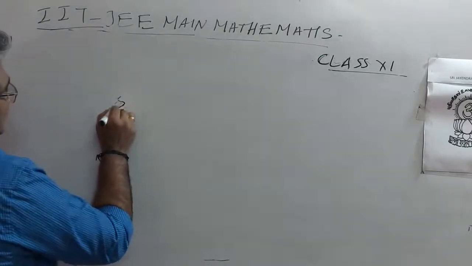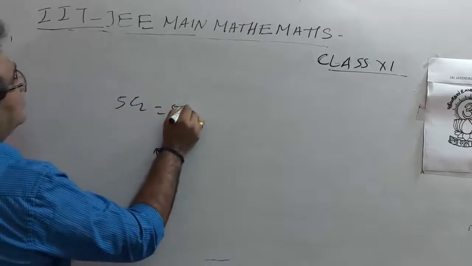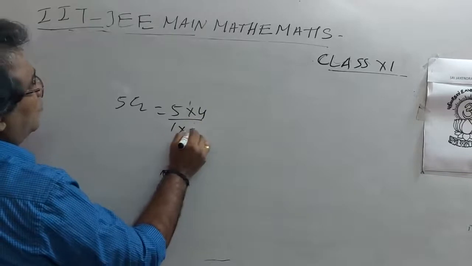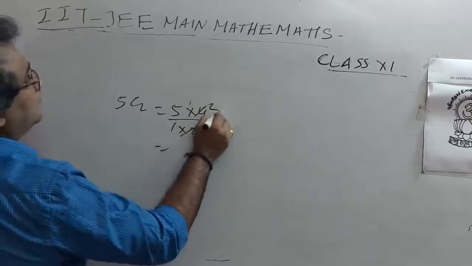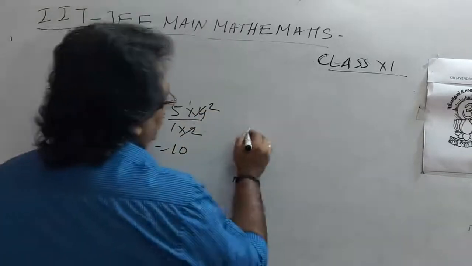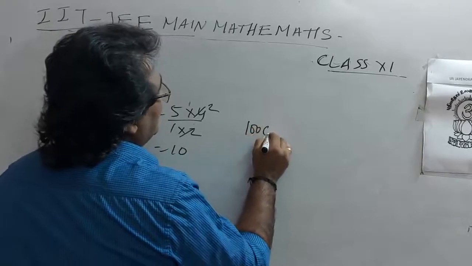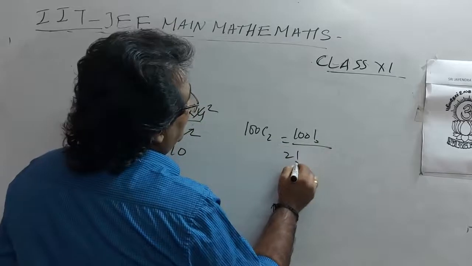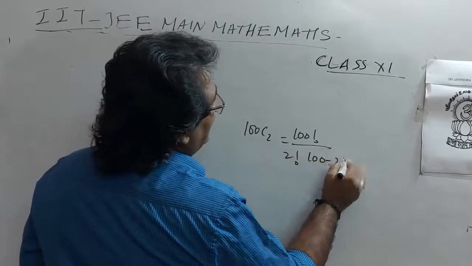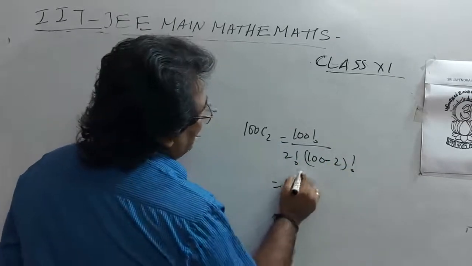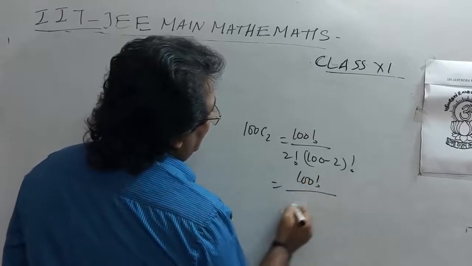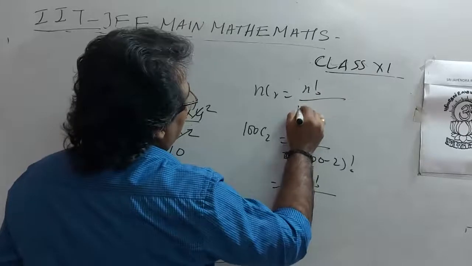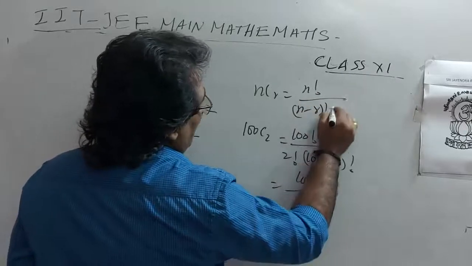So we want to find 5C2. We can write 5 into 4 by 1 into 2. That is 10. Now 100C2 equals 100 factorial by 2 factorial into (100 minus 2) factorial, applying nCr equals n factorial by (n minus r) factorial into r factorial.